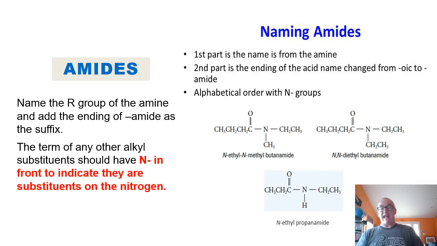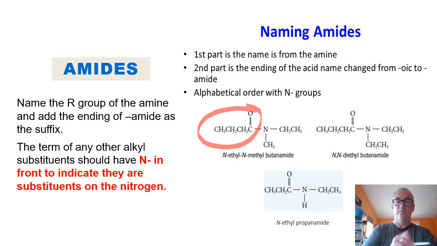When you're naming amides, it's going to be complicated, so I'll talk more about this on Tuesday. But basically what we want to do is find the longest carbon group again. Usually that is going to be the carbon group attached to the carbonyl, usually, but not always.